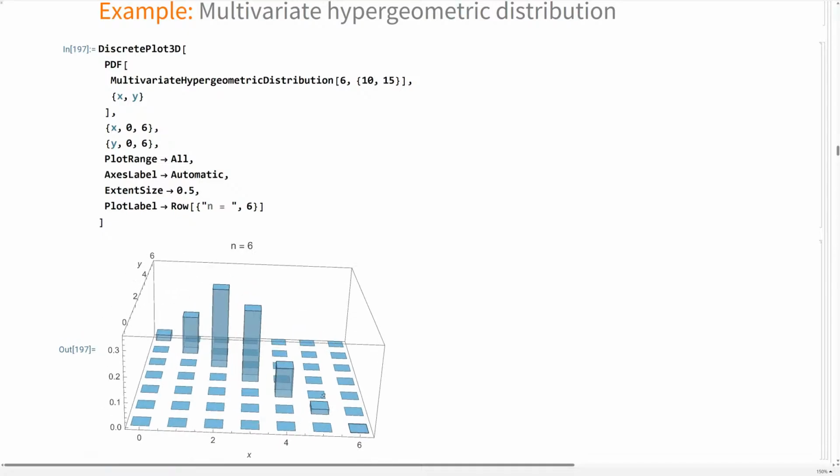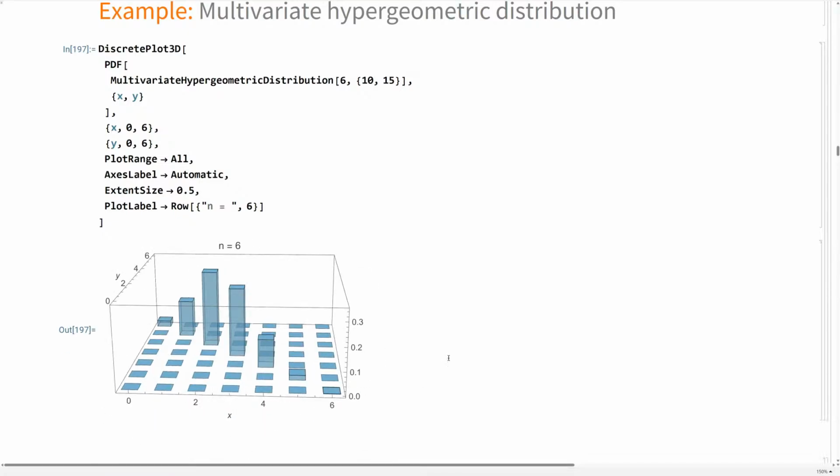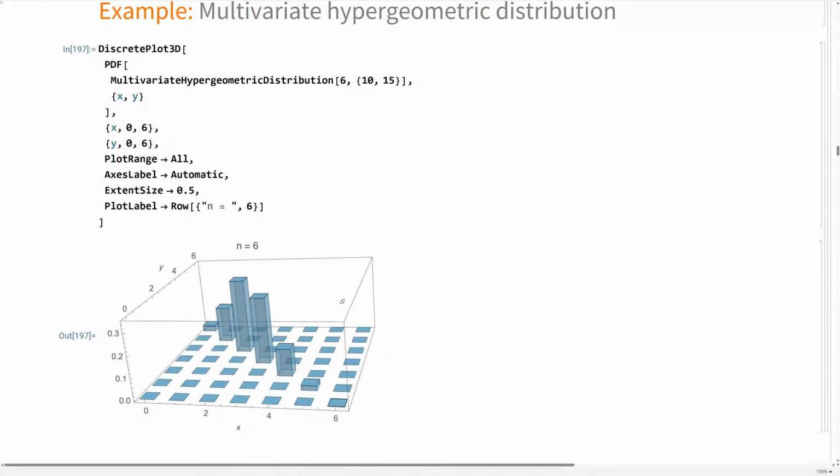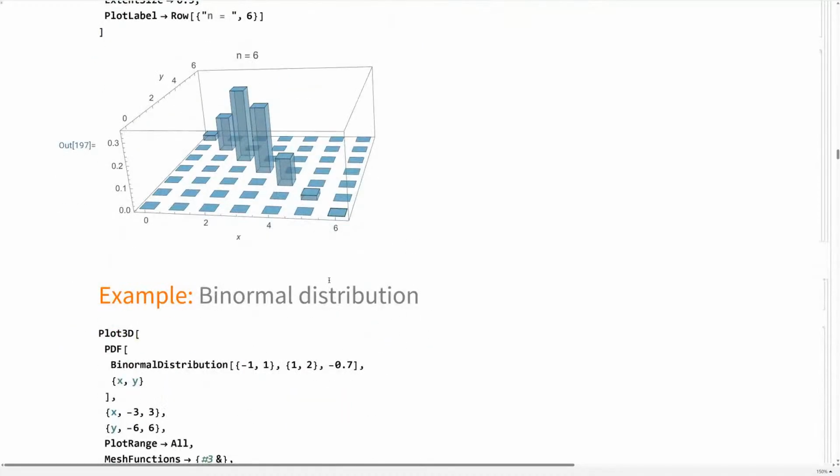I have 2 boxes, and I need to pick out 6 balls in total. I have 1 box of red balls and 1 box of blue balls. What's the probability that I pick 2 from the red balls and then the other 4? So that's one distribution.